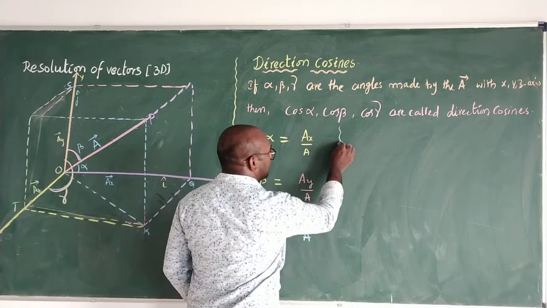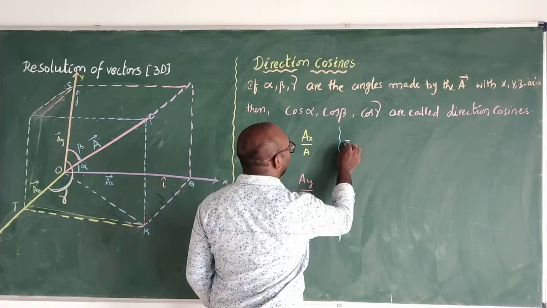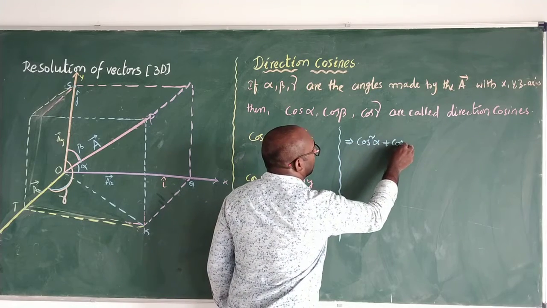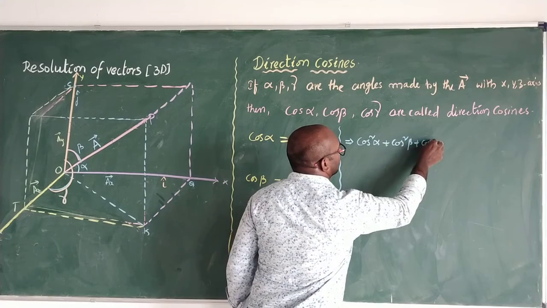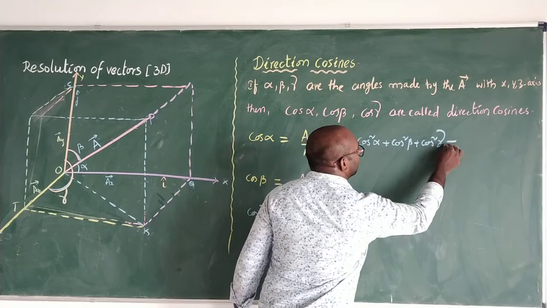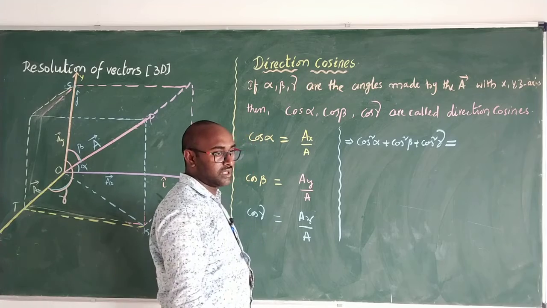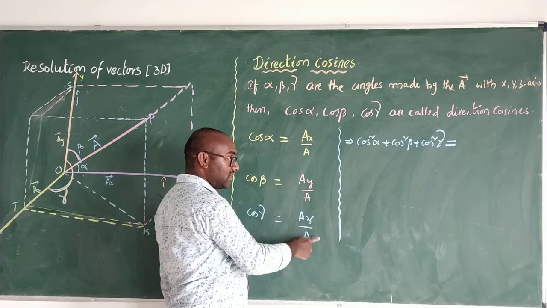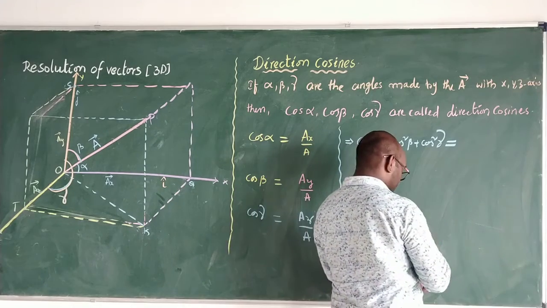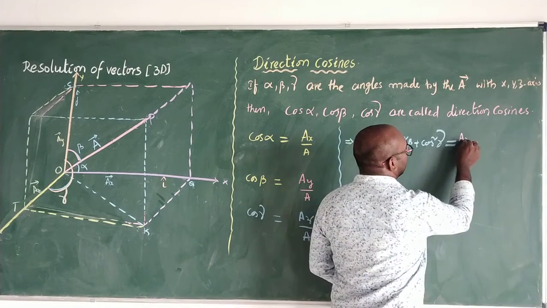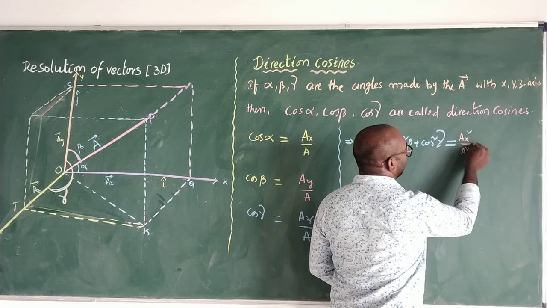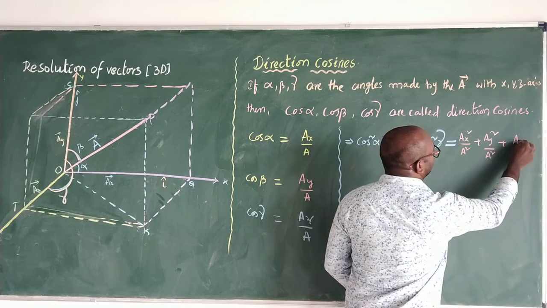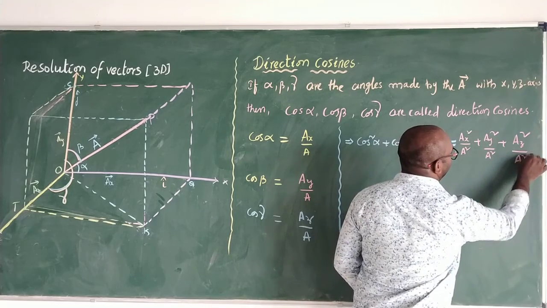Now from this, if I take cos square alpha plus cos square beta plus cos square gamma, how much is it equal to? Ax square by A square plus Ay square by A square plus Az square by A square.